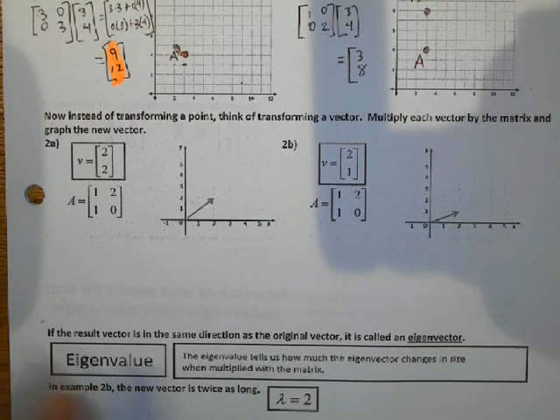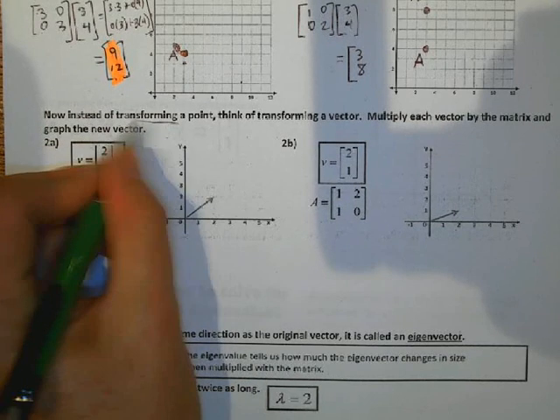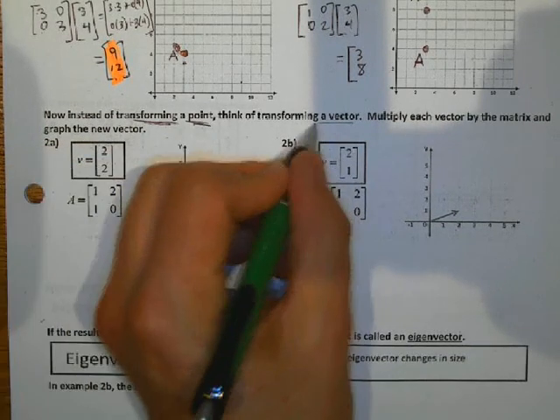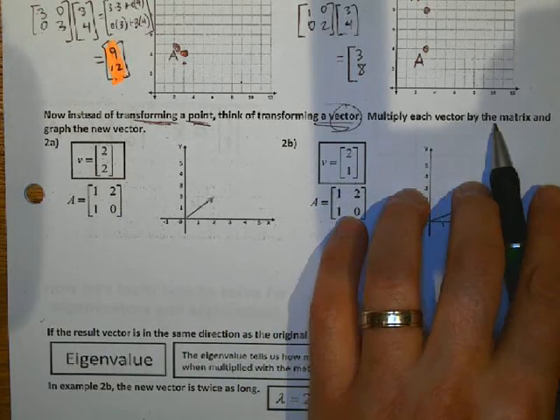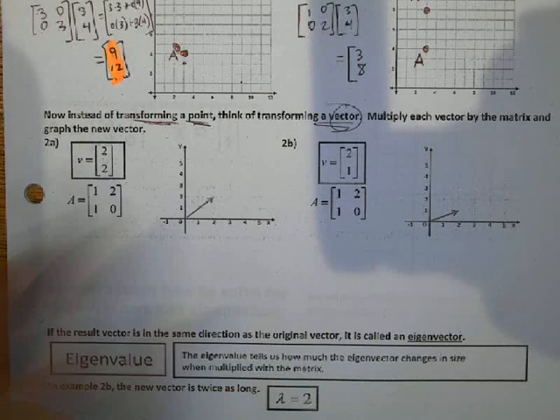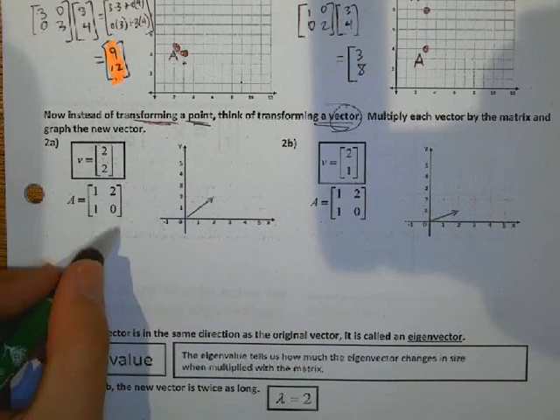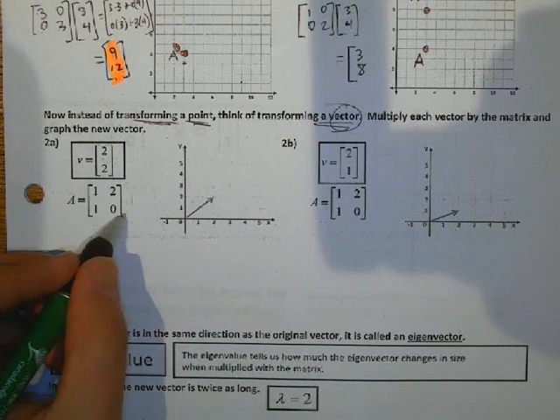So now, instead of transforming a point, we're going to think of transforming a vector. And so we're going to multiply a matrix times a vector. So here I've got my transformation matrix, and I've got a vector.